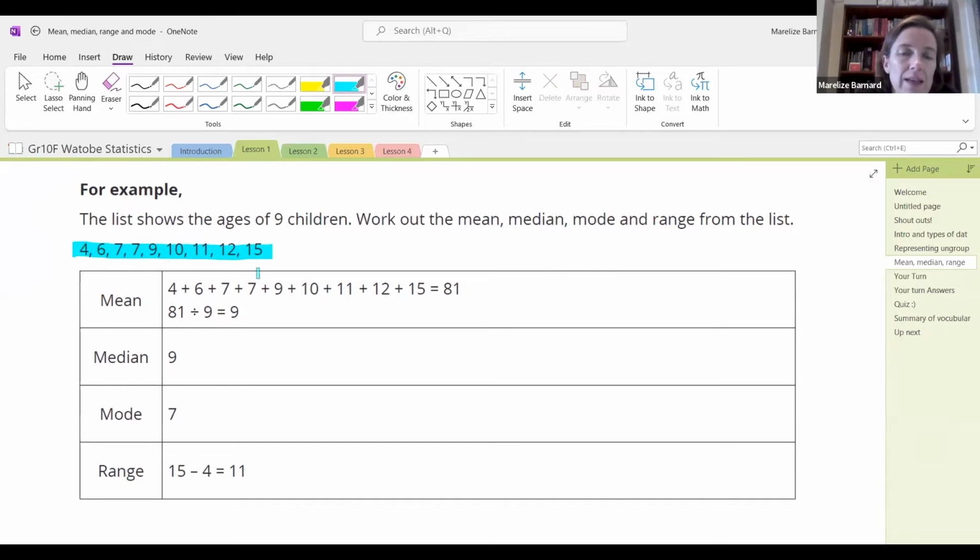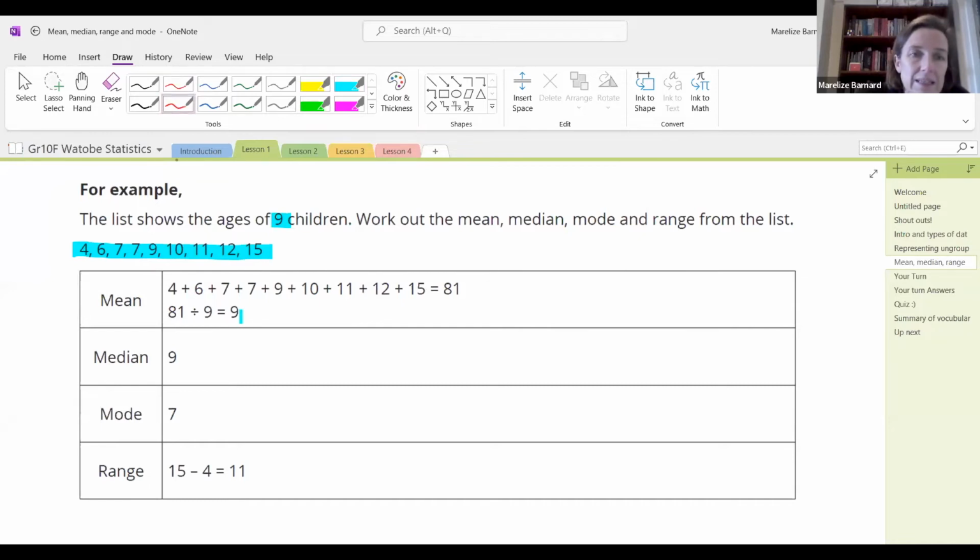So the mean we calculate by adding all of the values together. So add the 4, the 6, the 7, all of them together, and then you get 81. We take that 81 and divide it by the number of data values that you get. So there's 9 children, 9 data values. So we take the 81 divided by 9 is equal to 9.